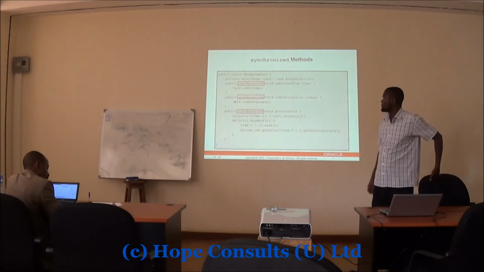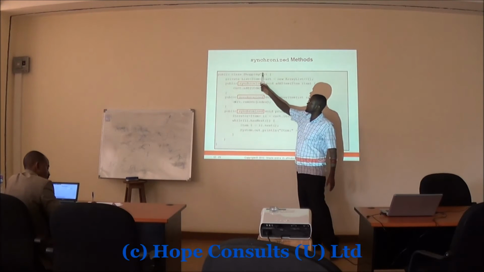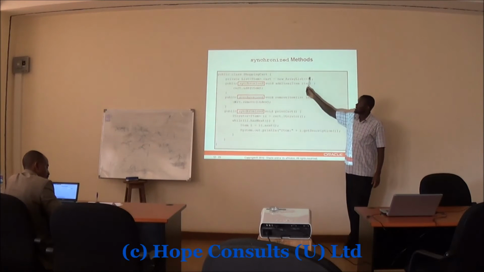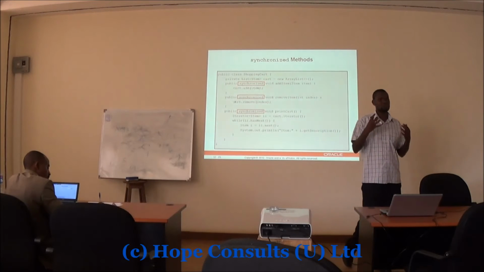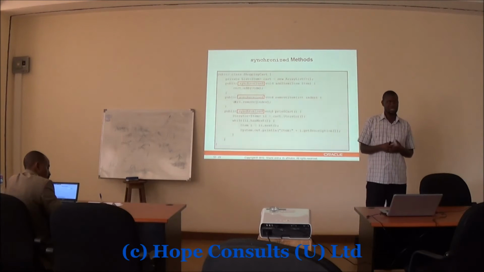And then we have this. So what are we protecting here? We are trying to protect a shopping list, an array list. We are trying to protect the access to an array list so that many threads will not be accessing it at the same time.